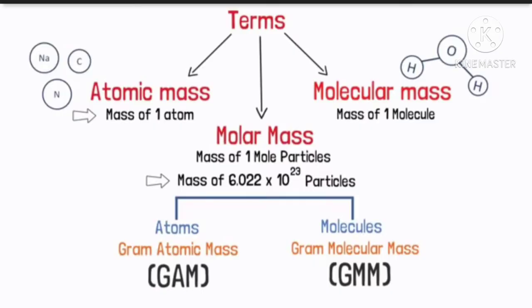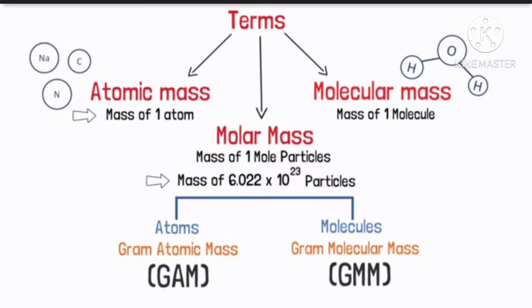Here you can see the terms are written: atomic mass, molecular mass and molar mass. So atomic mass, it itself explains about it, the mass of an atom. Molecular mass, mass of molecules. Then molar mass. Atomic mass, you can refer to page number 35 in your textbook, table 3.2.